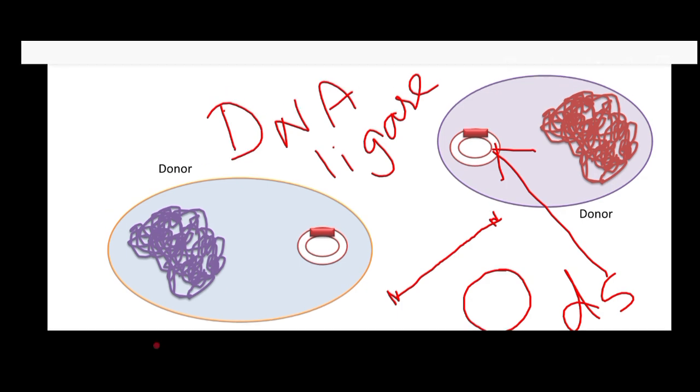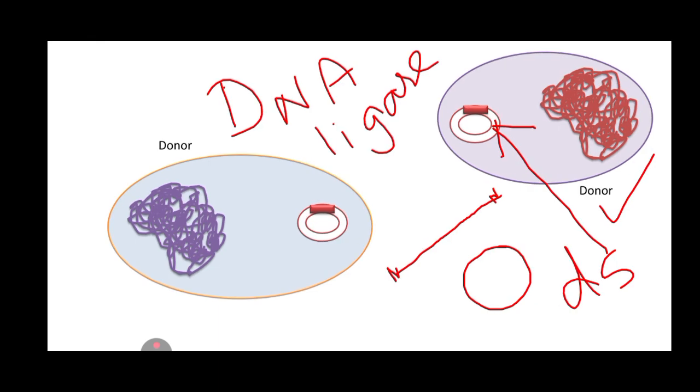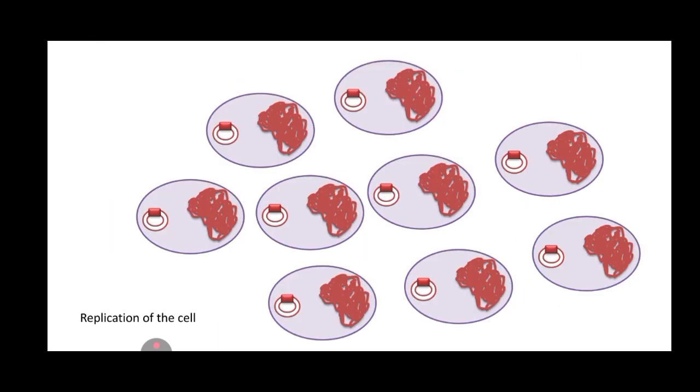As I have mentioned, till the last slide it is mentioned as a recipient, but once the F plasmid enters, is recircularized and the double stranded structure is formed, it becomes donor. And now this recipient is capable of undergoing normal multiplication as long as the cell survives in the environment.